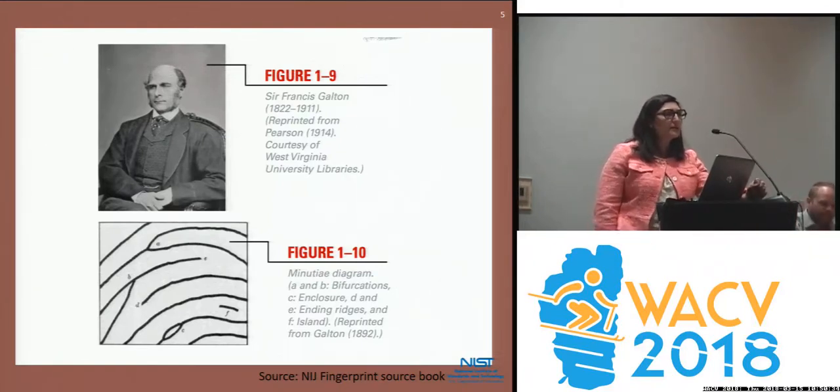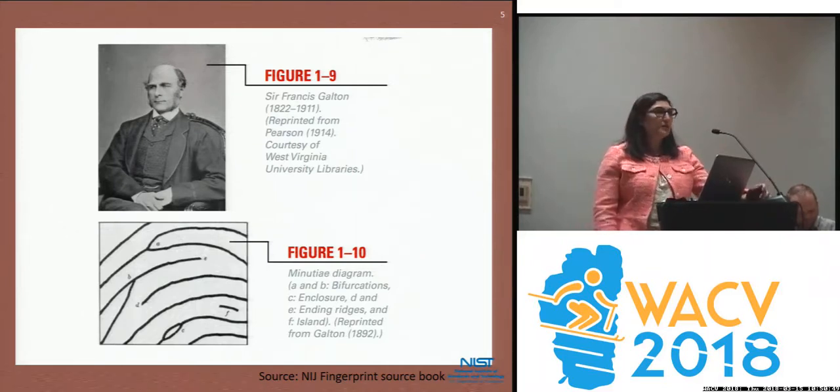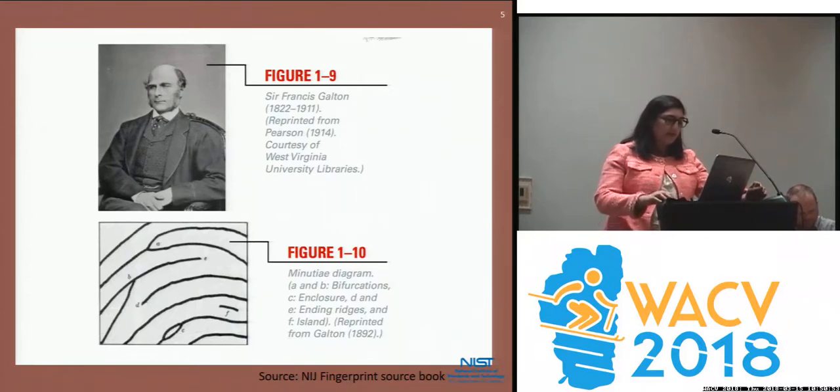He was one of the first people to formalize the comparison of fingerprints by formalizing the characteristics and discriminatory information of the fingerprint that we are still using today, that is, minutiae, ridge endings, bifurcations, and the singularity points.